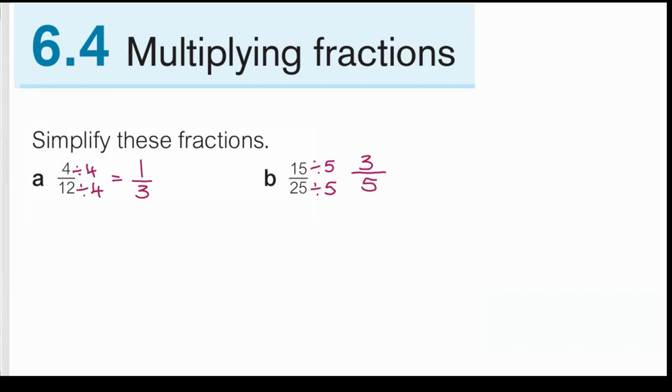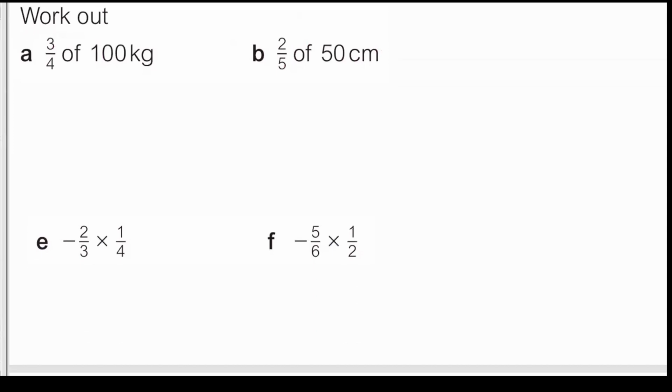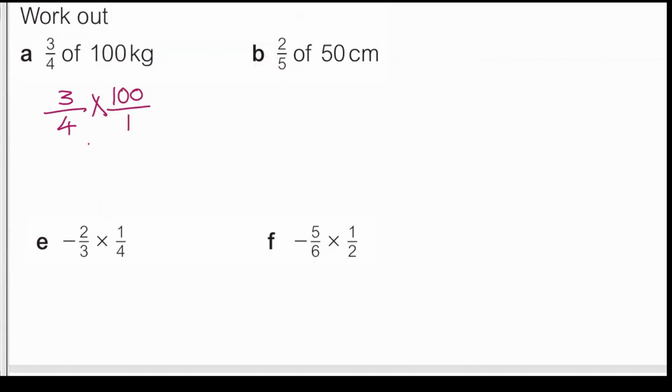That's a really important trick in multiplying. So if I say 3 over 4 times 100 over 1, because a whole number will always be over 1. And then you can simplify. 100 divided by 4 is 25, and 4 divided by 4 is 1. So you have 3 times 25, which is 75, over 1, which is 75.